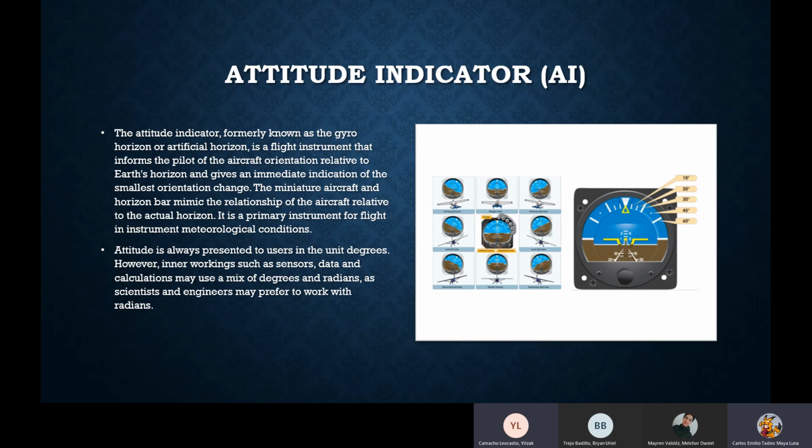It is a primary instrument for flight in instrument meteorological conditions. Attitude is always presented to users in degrees. However, inner workings such as sensors, data, and calculations may use a mix of degrees and radians, as scientists and engineers may prefer to work with radians.